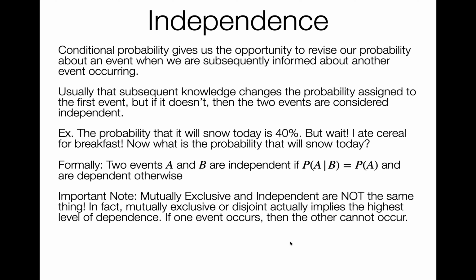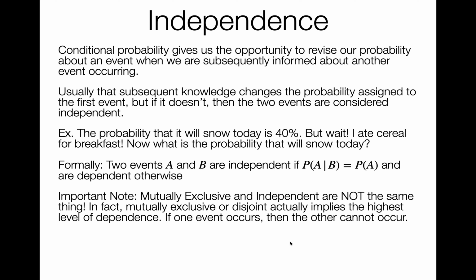And so if I know that A happened, then I know for certain that B cannot happen because they're mutually exclusive. And so, in fact, they're highly dependent on each other. If one happens, then the other can't. So it's almost the exact opposite of independence.